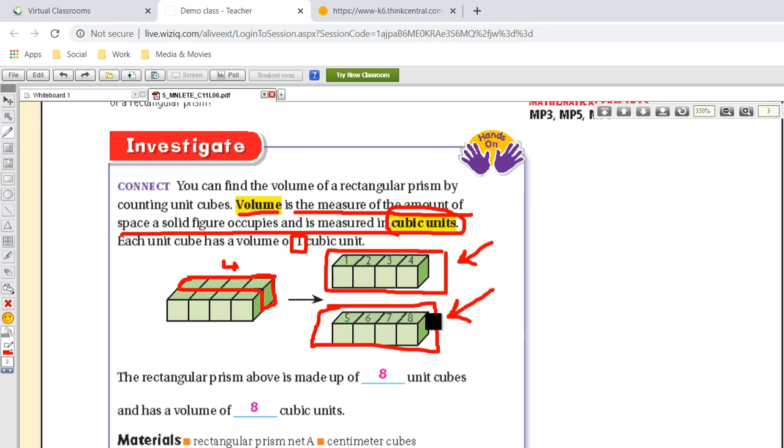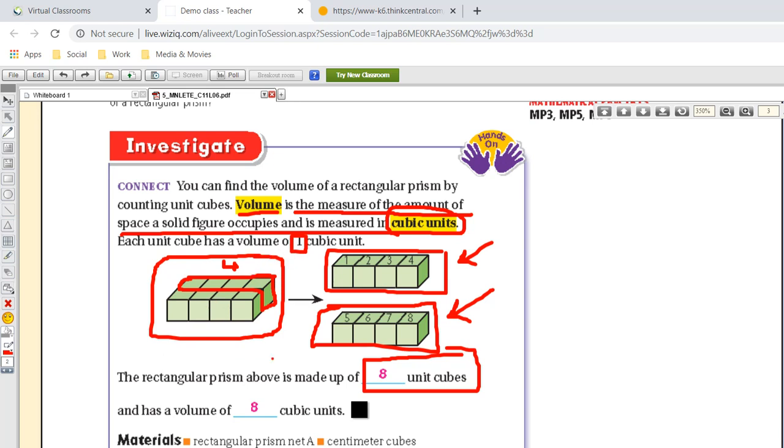So add them together, it will be 8 unit cubes. So the volume of this figure equals 8 cubic units.